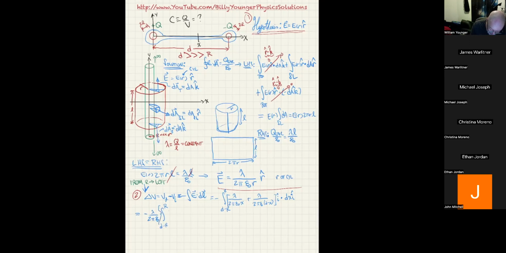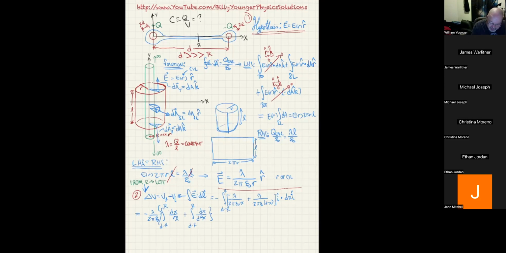It's going to be the integral of dx over x plus the integral of dx over d minus x. And again, they're both going from d minus r to r. Notice the i hats, i hat dot i hat went to 1. The dx came out in front and all that good stuff.